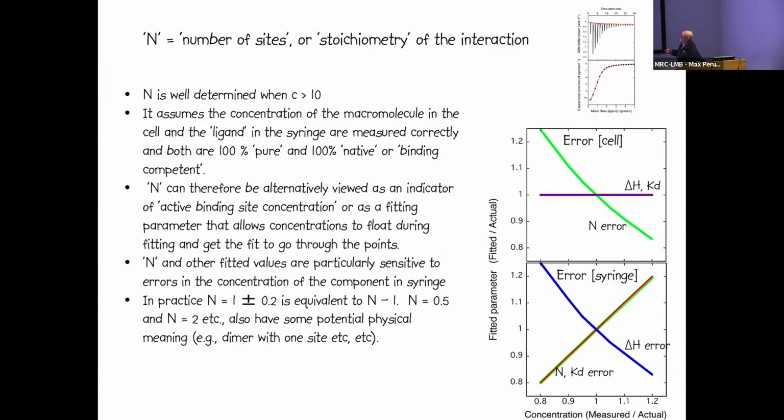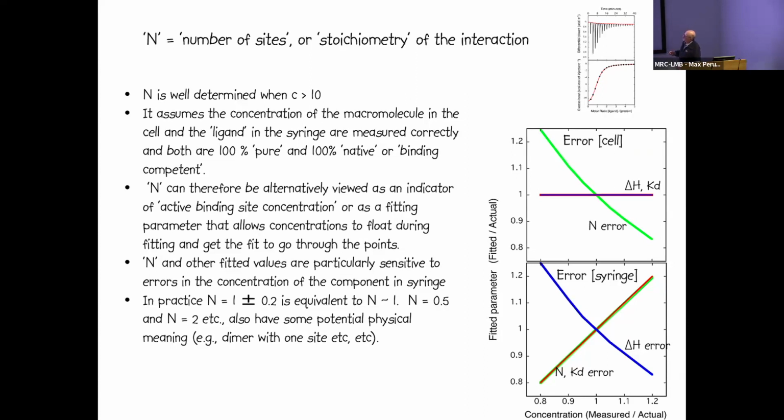Alternatively, you can also think of the stoichiometry as just a parameter that allows the measured concentrations to vary during the fitting, and therefore when you fit the data it looks great because the line goes through the points. So don't get too hung up on the stoichiometry value.